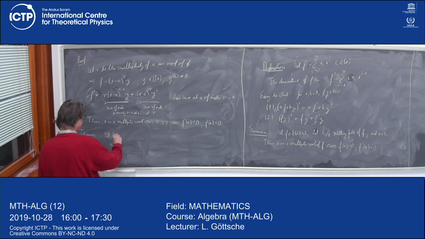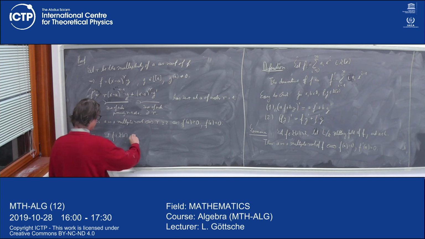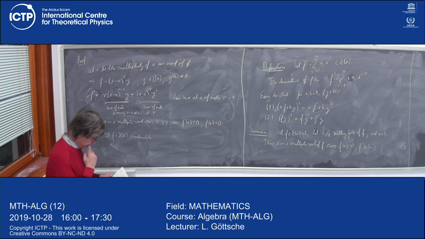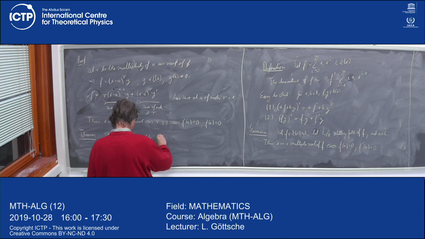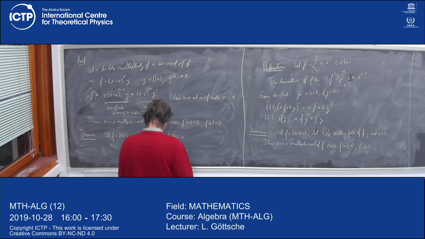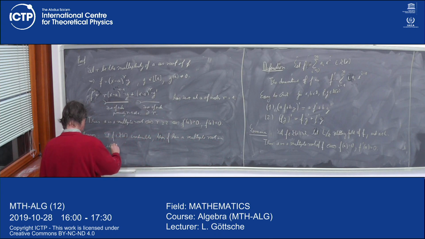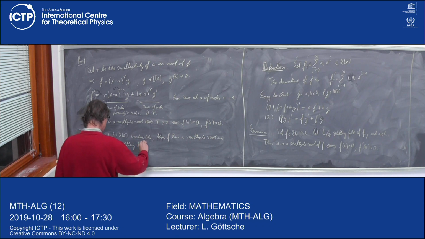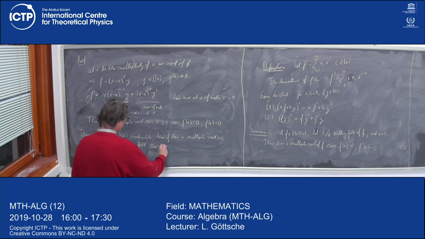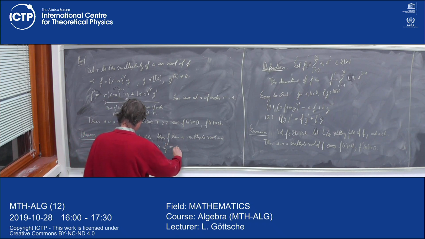Let f in K[x] be irreducible. Then f has a multiple root in its splitting field if and only if f prime is the 0 polynomial.